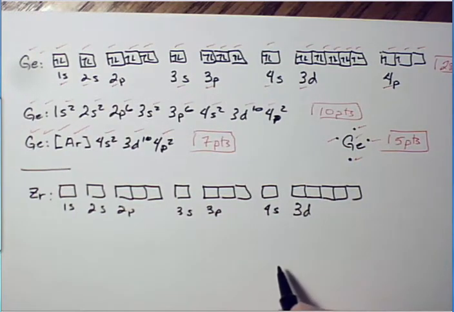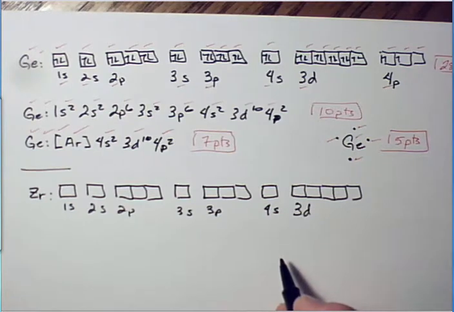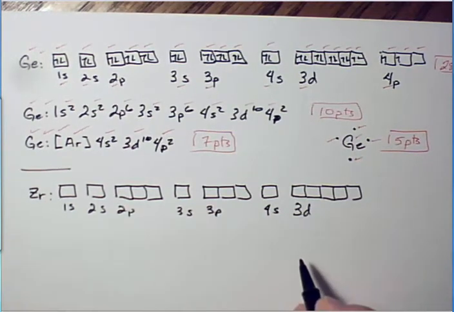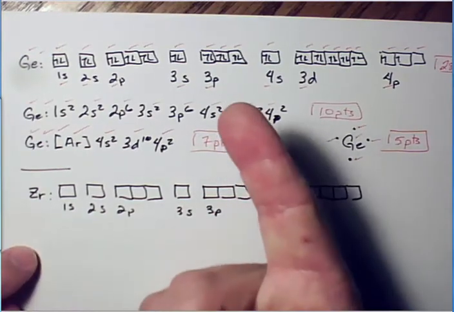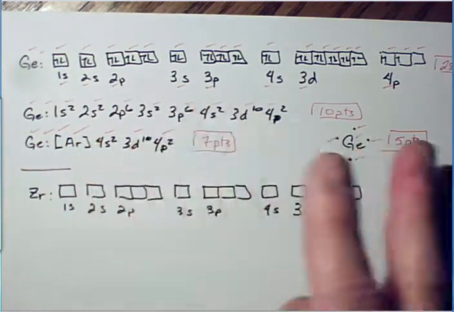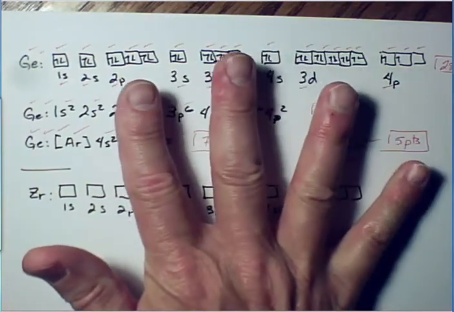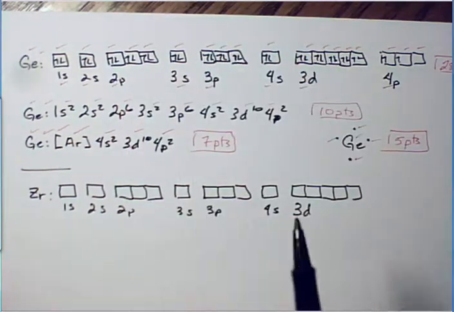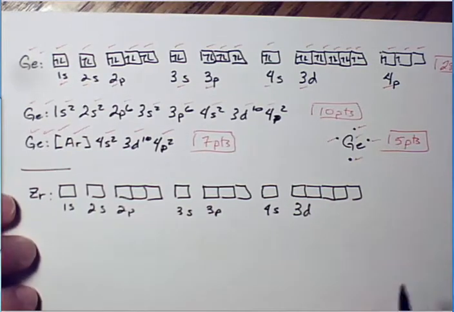I don't know if you guys have noticed or not, but each time you go up a sublevel, you add 2 orbitals to it. So s sublevels have 1 orbital. Okay? p sublevels have 3. d sublevels have 5. f sublevels have 7.